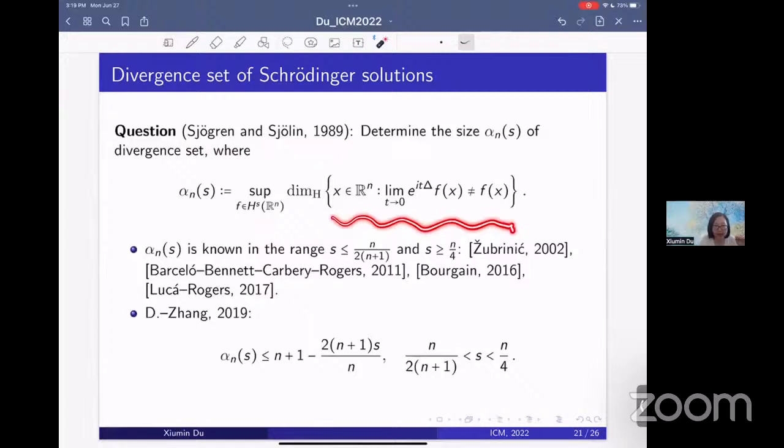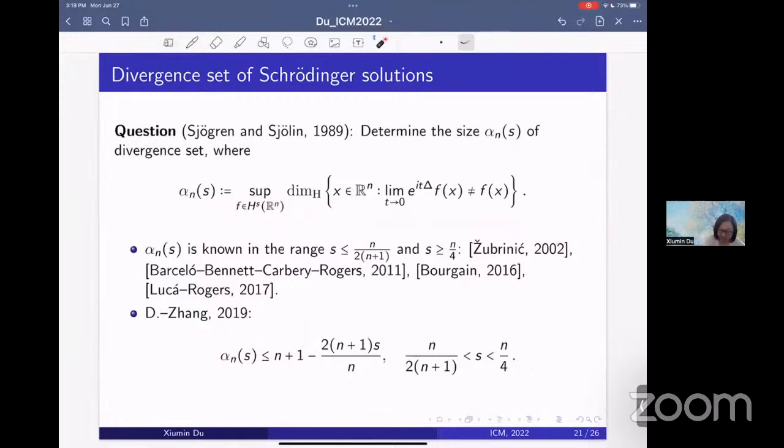We know that when the regularity s is large enough, we have pointwise convergence. So the divergence set has zero Lebesgue measure. But how small can it be? Here we take its Hausdorff dimension and then take the supremum over all the functions f in H^s of R^n. Denote this value by alpha n of s. And the question is to determine the exact value of alpha n of s, the size of the divergence set.